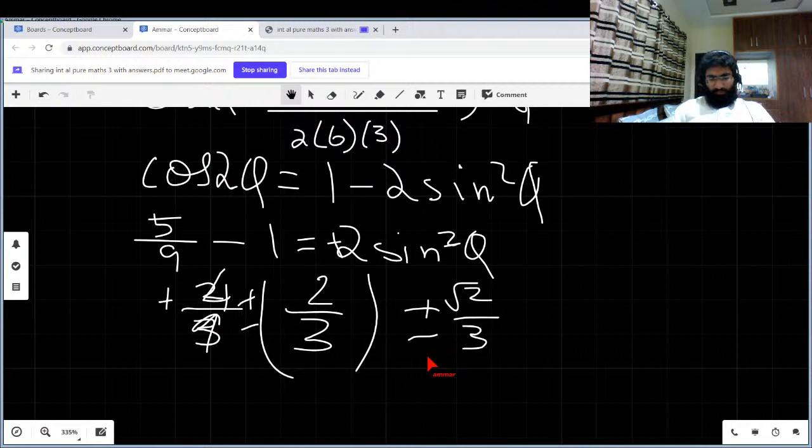And will it be plus or minus? It will be plus, of course, because theta is acute. That is why it's less than 90, so sine theta will be positive. Okay, next.